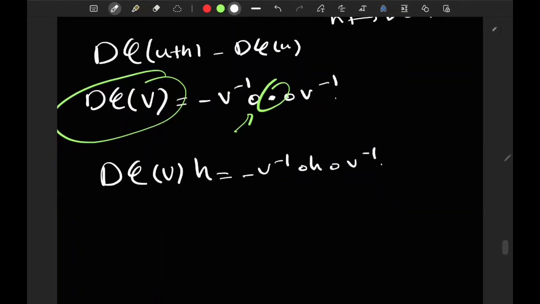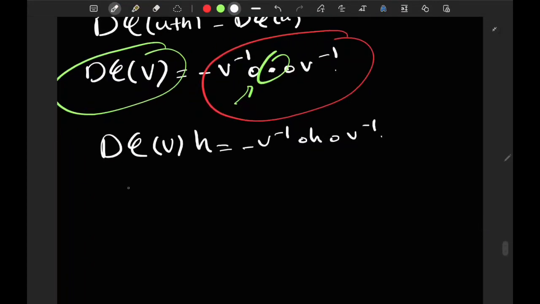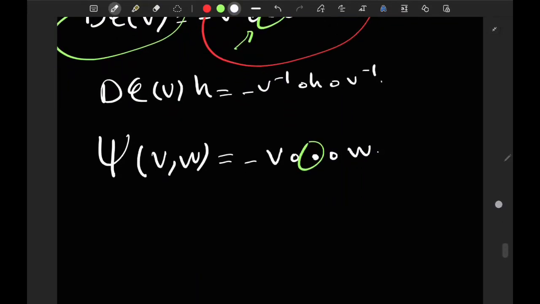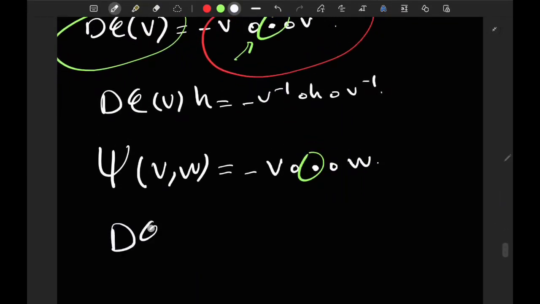Now if I look at this map, which I indicated, and I try to define, let me say, ψ, this map ψ takes two vectors V and W and produces minus V composed with a dot, composed with W. The dot is a placeholder for a variable. Then it's easy to write: dφ at U is just ψ of U inverse.